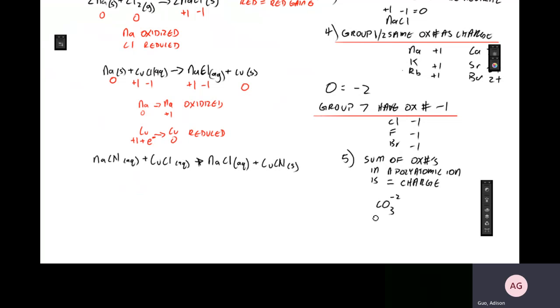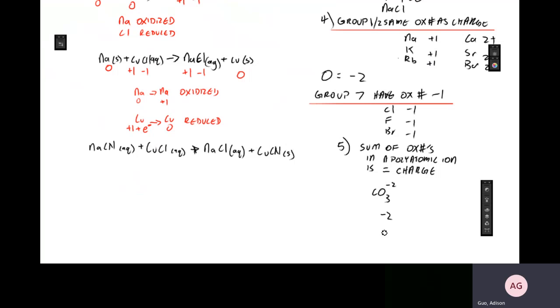It's just an example, so we have carbonate, right? This whole thing is an ion. Over here, each oxygen has an oxidation state of -2. It has a total oxidation charge of -6 because there's three of them, which means that our carbon must be +4, because this has to add up to the same charge as the total ion.